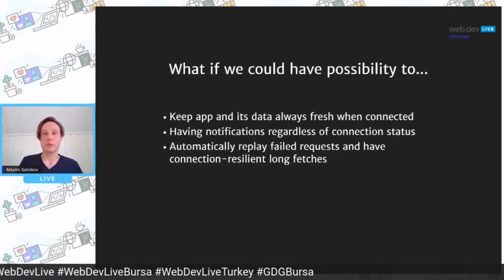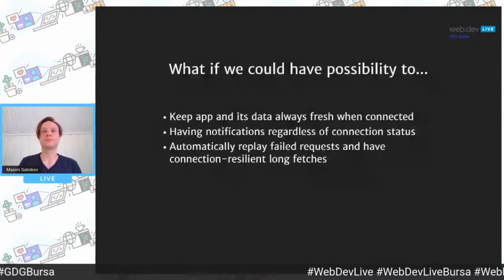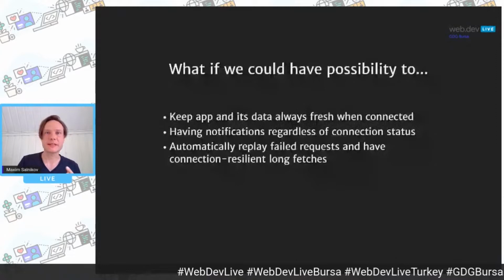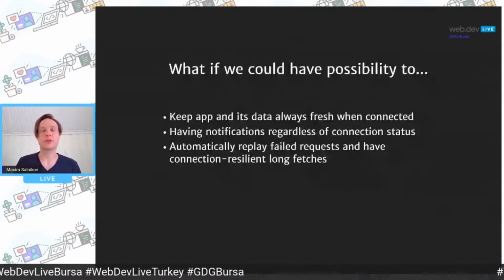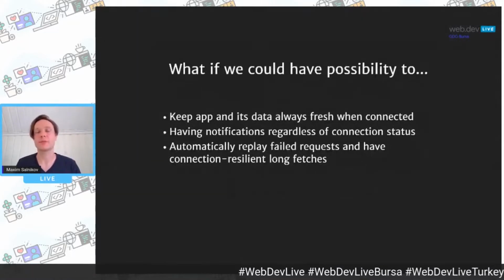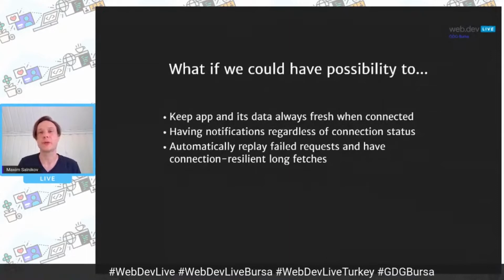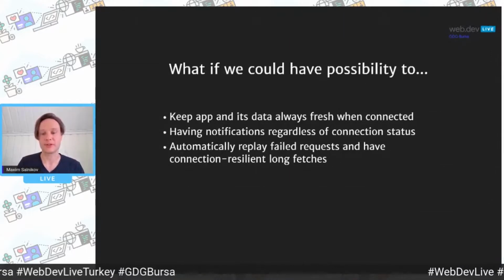Awesome. What if we have the tools to somehow work with bad network conditions, when connection status is jumping back and forth, but we still need to make sure that our requests are going to our servers.